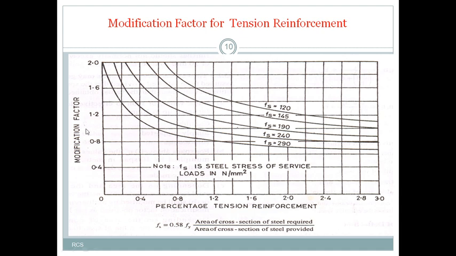To calculate the modification factor for these values, take 0.8 on the x-axis, that is the percentage of tensile reinforcement. Now go perpendicular to this x-axis and bisect the Fs 190 curve, and project this horizontally onto the y-axis. Say here your modification factor will be in between 1.2 to 1.6.